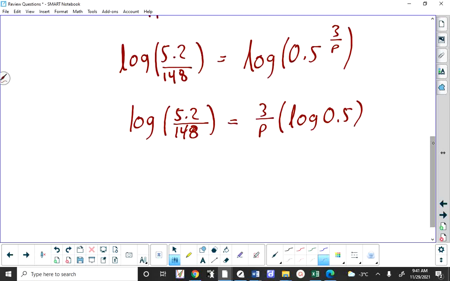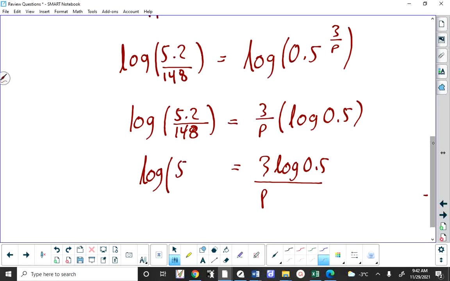Be very careful. I'm going to actually rewrite this as 3 log 0.5 over p. The thing you're trying to find is in the denominator, so be careful when you're cross-multiplying and solving. And this is log of 5.2 over 148.